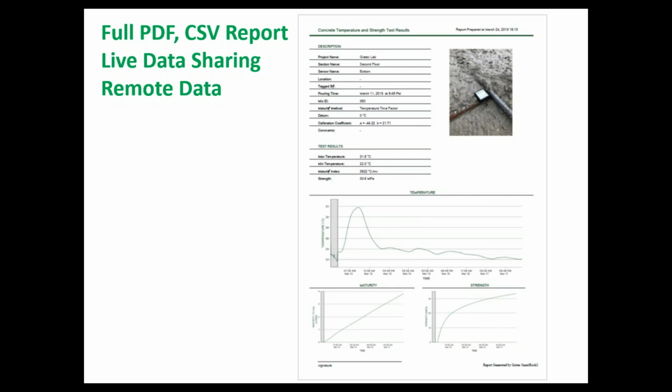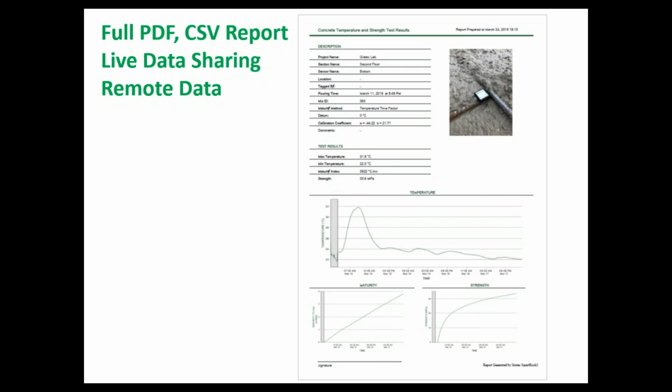The other thing about mobile technologies and mobile apps is that you can add team members for live data sharing. Anyone on that project will get the results in real time, whether they're in the office or outside the project. Also, with these wireless technologies, you can have remote data monitoring, where in the morning you'll be brewing your coffee and can see the strengths, and based on that, call the appropriate crew to come to the job site to do the next step of the work.